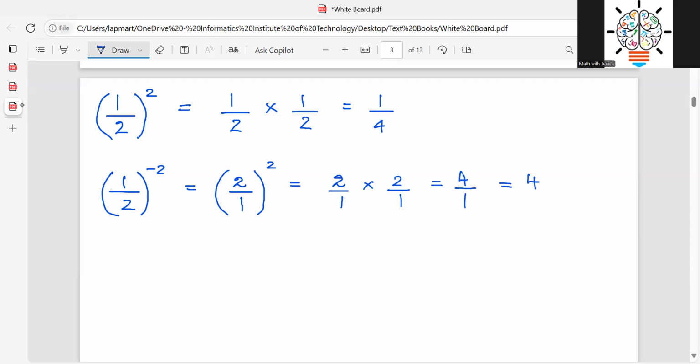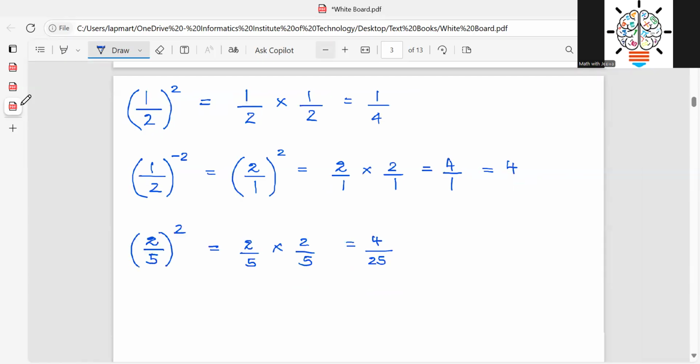Right? Let's say we have something like 2 over 5 to the power 2. Now you just see what the pattern is. You can identify a pattern here, right? Here 2 over 5 multiplied by 2 over 5, the answer is 4 over 25. But if you have 2 over 5 to the power negative 2, first of all you want to remove this negative sign.